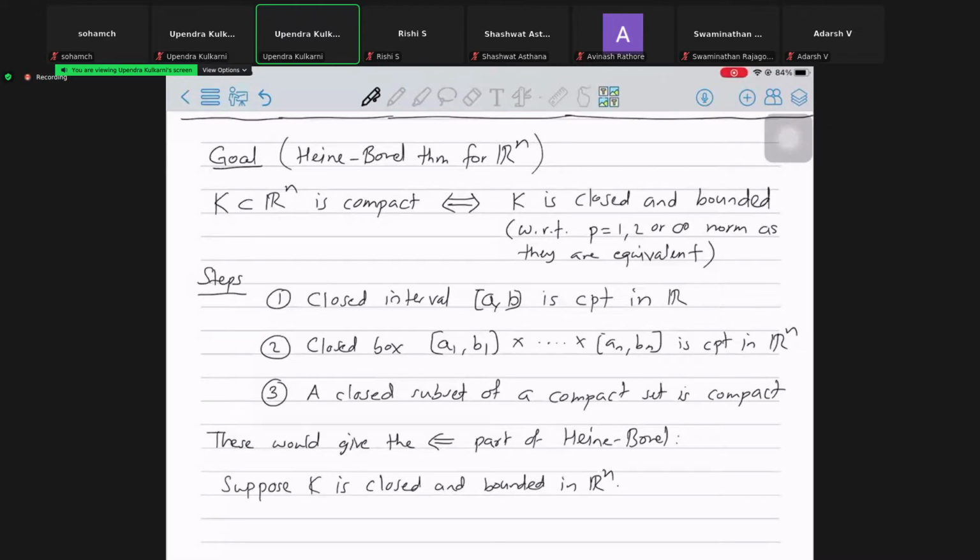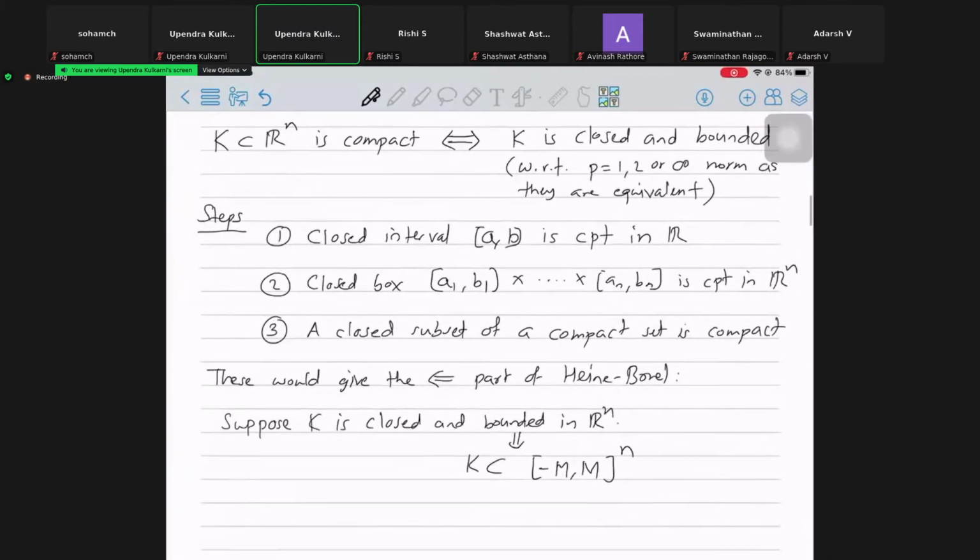So as a result, K is in some large box, minus M to M, some large bound taken n times. And what do I know about this? This one is compact by step 2.